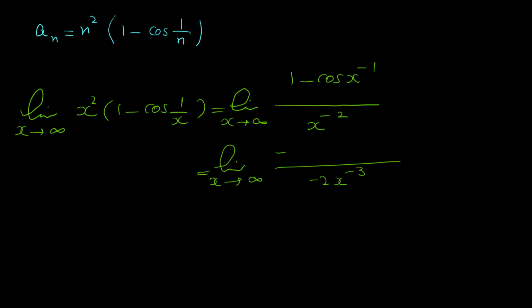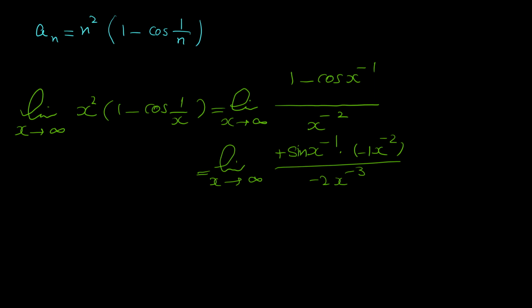The derivative of cosine is negative sine, so this becomes positive sine of x to the negative 1, times the derivative of the inside. What is the derivative of the inside? The derivative of x to the negative 1 is negative 1 x to the negative 2. Now let's do some simplification here.